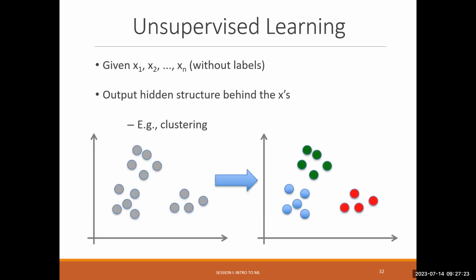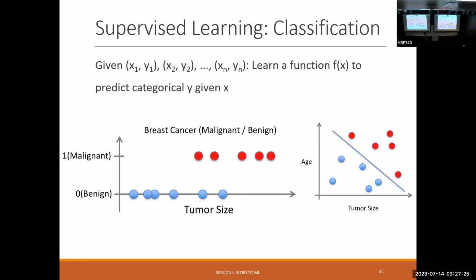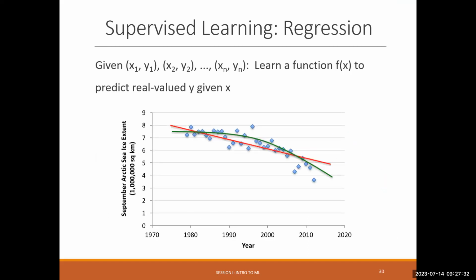In terms of unsupervised learning, in the previous case you know which example corresponds to this type of tumor or the other type of tumor. You know what the input is and you know what the output is.